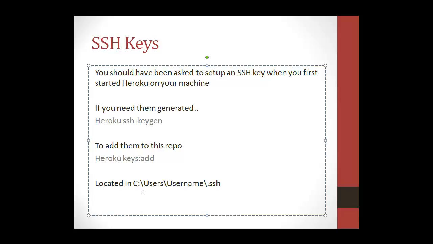All your keys are located in this folder, in the username .ssh folder, which is hidden by default, but you can unhide it and go in it and look at your SSH keys. If you're going to generate a new key, you probably should just delete this SSH directory altogether, because it'll create a new one.